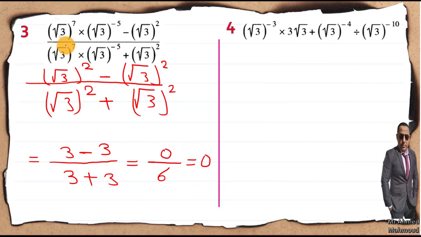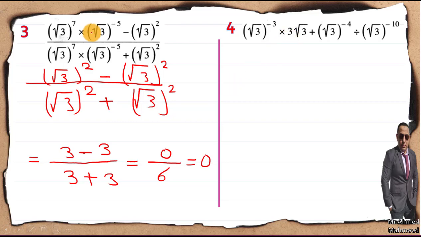Root 3 power negative 3 times root 3 plus root 3 power negative 4 divided by root 3 power negative 10. First, 3 equals root 3 power of 2. Again, 3 equals root 3 power of 2.